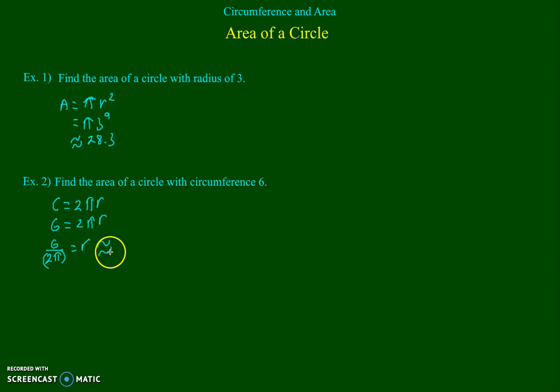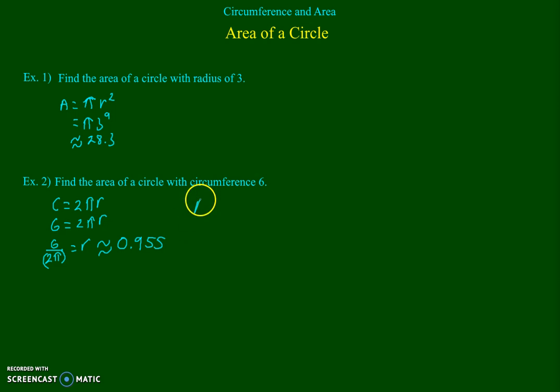And that's going to be approximately 0.955. Now, we would not want to use this number, obviously. We would want to use the number stored in our calculator because we're going to lose a lot of precision in the rounding. I'm just going to write this for the sake of the problem. And let's go ahead and calculate our area using that number.